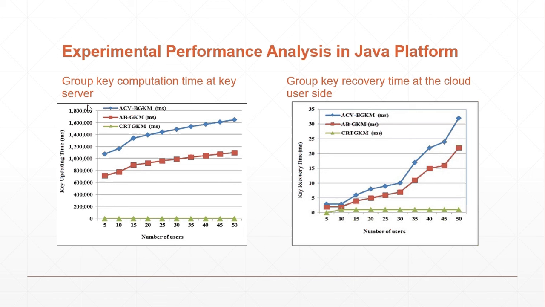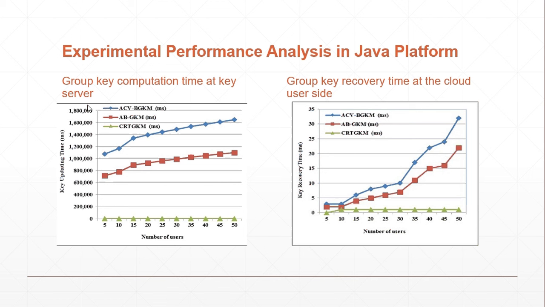the ACV-BGKM has approximately 1,600,000 milliseconds for 50 users for key computation time. For ABGKM, it comes to more than 900 milliseconds for 50 users on the Java platform for key updating or key computation time.